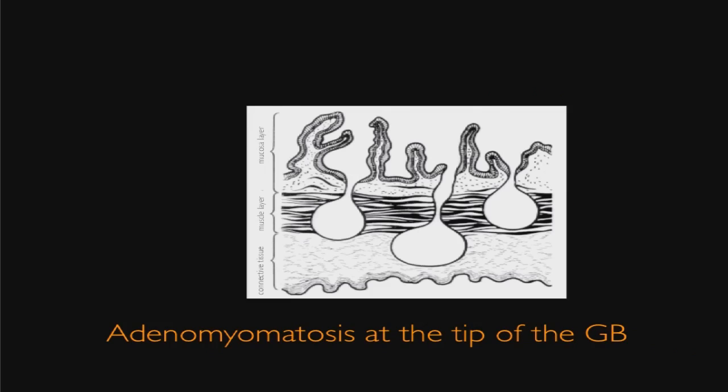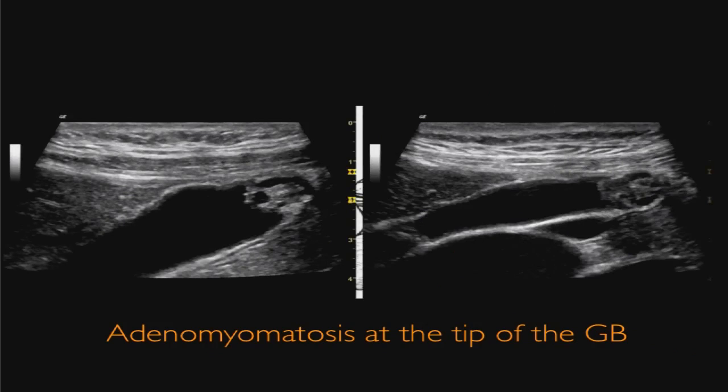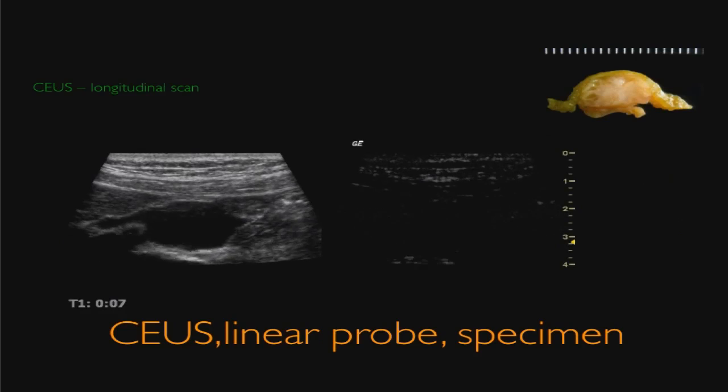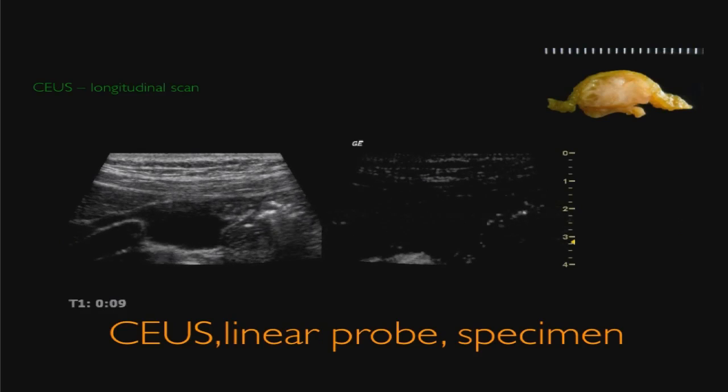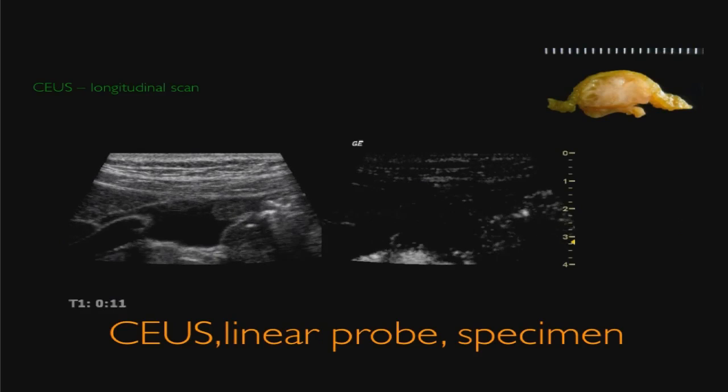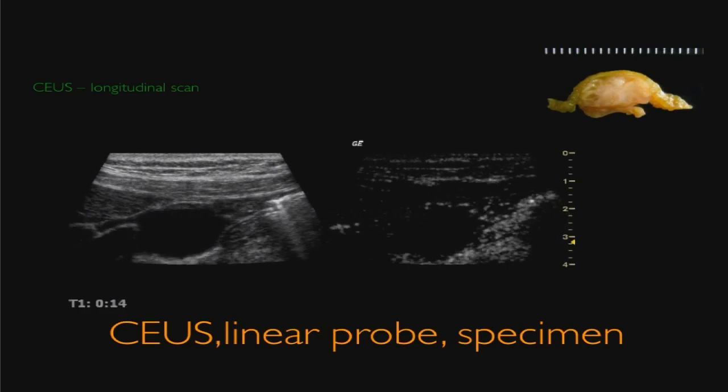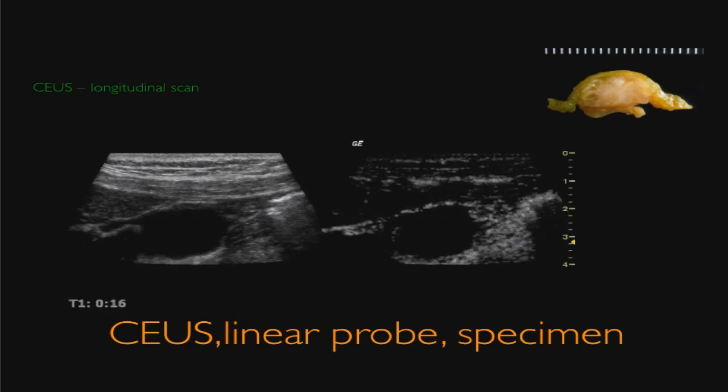Okay. Adenomyomatosis at the tip of the gallbladder. So you know that there are typical findings on grayscale. You can make the diagnosis on grayscale, but just to learn how it looks with CEUS, we did this study with a linear probe, and you can see quite nicely that we have these tiny cystic areas.